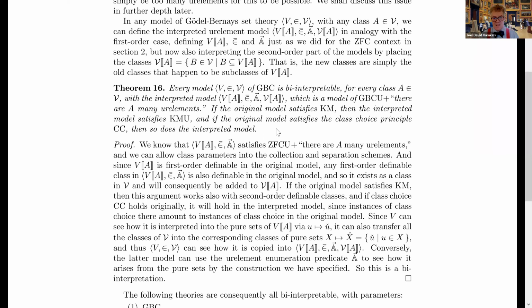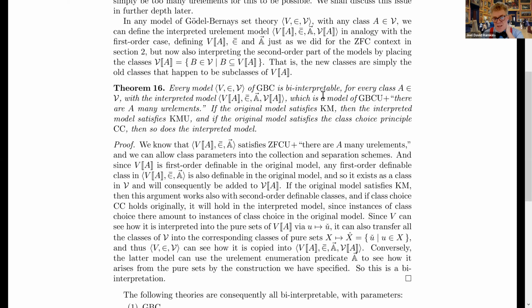That exactly works. It gives you a bi-interpretation of GBC with GBCU plus many urelements. And again, it's Andreas's point that we're using explicitly the urelement enumeration predicate here, not just saying that there are a lot of urelements, but specifically tying them to an enumeration with the pure sets. That gives you a bi-interpretation.